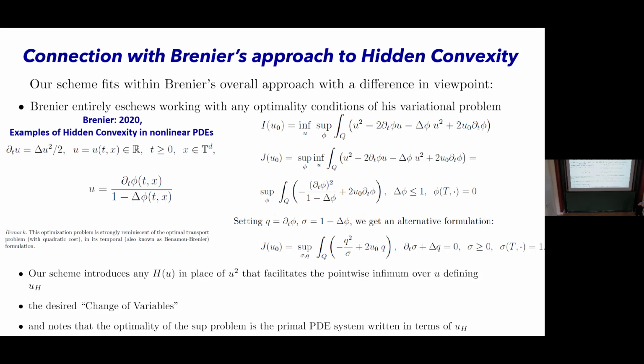In what I'm saying, it's not necessary that you work with just a u squared. You put in any H of u that basically facilitates the pointwise infimum, or rather, I think of it more as a critical point. Just get the extremized thing. So that's that. And after 3 years, you realize all you're doing is really a very glorified change of variables, right? I mean, in a global, stable way.